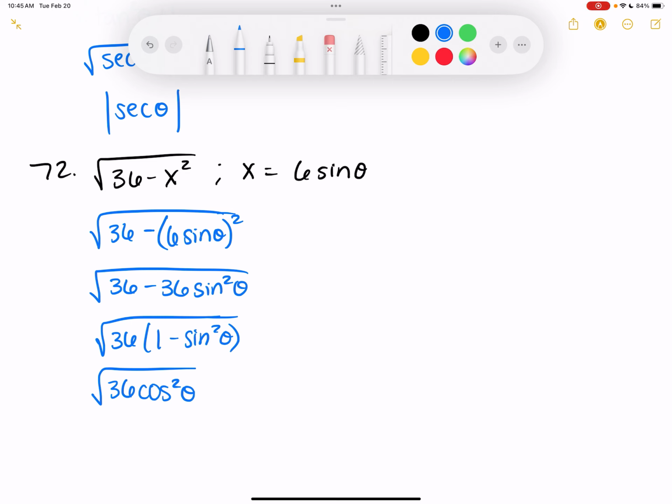So the square root of 36 is 6. That actually gets written outside of the absolute value bars. It's not necessarily wrong if you write it in, but it's going to be positive either way, right? And then cosine of theta. So that would be how those ones get written.